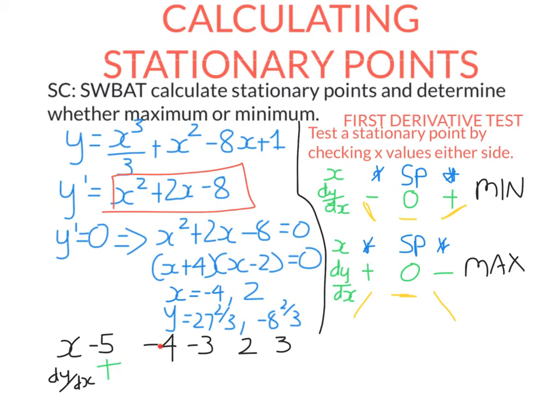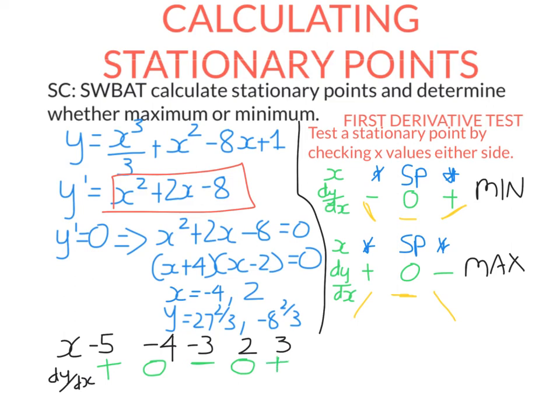So if I were to substitute -4 here, I know I'd get 0 because it's a stationary point. If I substitute x equals -3 here, I get 9 minus 6 minus 8. I get a negative value. Substituting x equals 2 into this equation, I would get 0. Substituting x equals 3, I would get a positive value.